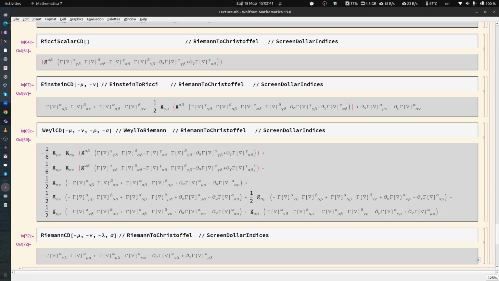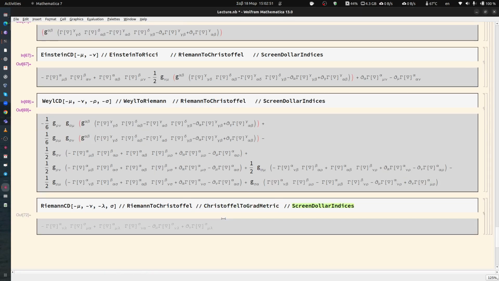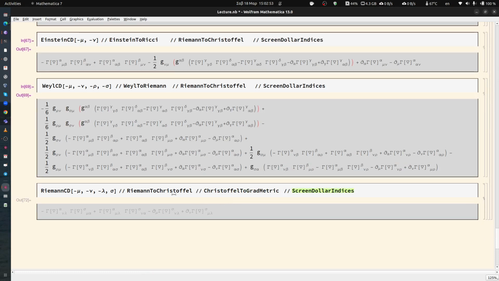Then we can apply the function ChristoffelToGradMetric, which we have discussed in the previous video, that converts the Christoffel symbols to expressions involving the metric and its derivatives.